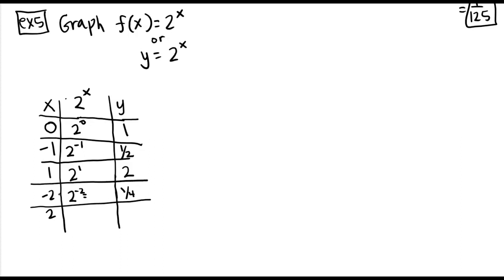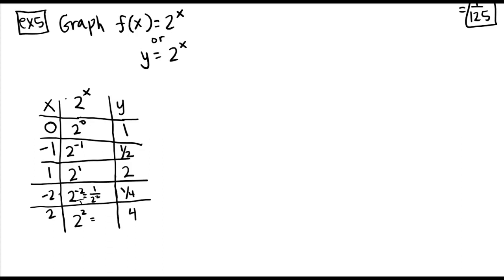All right, so 2 to the negative 2 power is telling you that you're going to flip it, so we're going to have 1 over 2 to the second power. And then 2 to the second power is 4, so that's 1/4. And then if we put 2 in, well, 2 to the second power is going to give me 4.